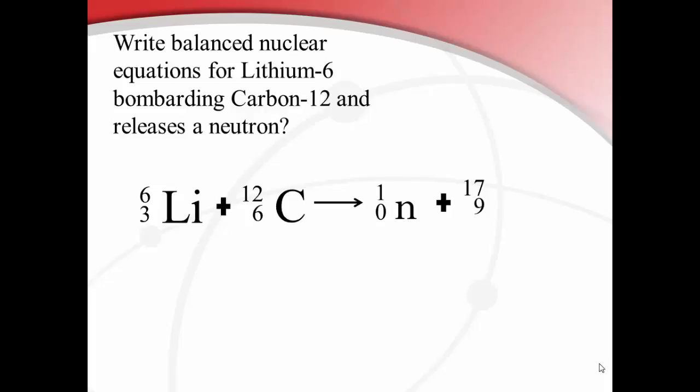And the number 9 on the periodic table is fluorine. This is your complete equation for the artificial transmutation of lithium-6 being bombarded by carbon-12.